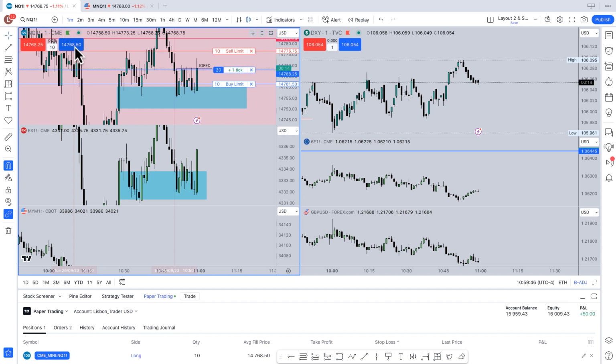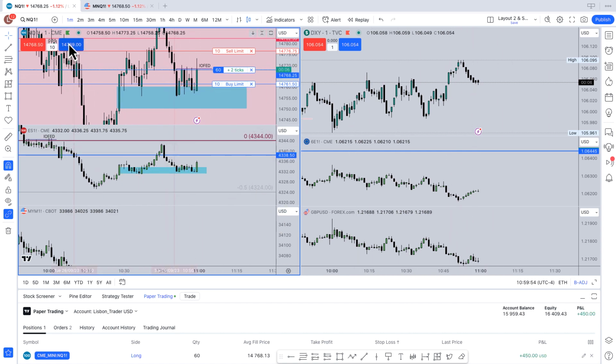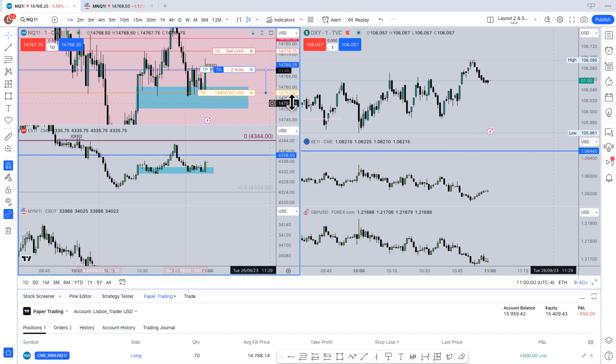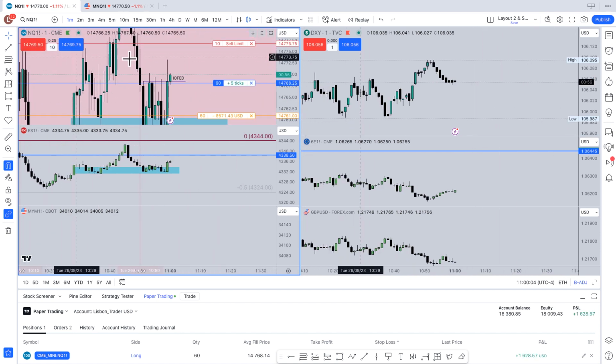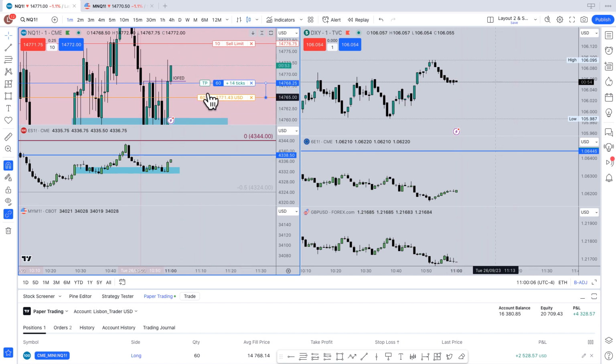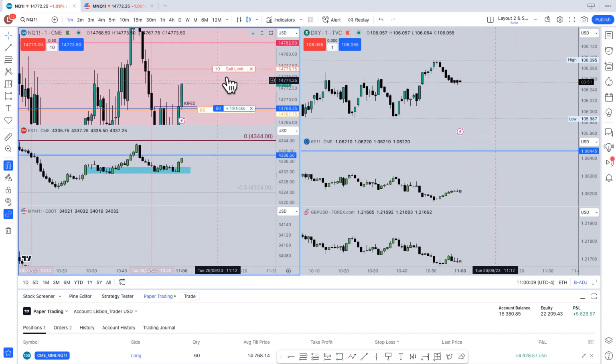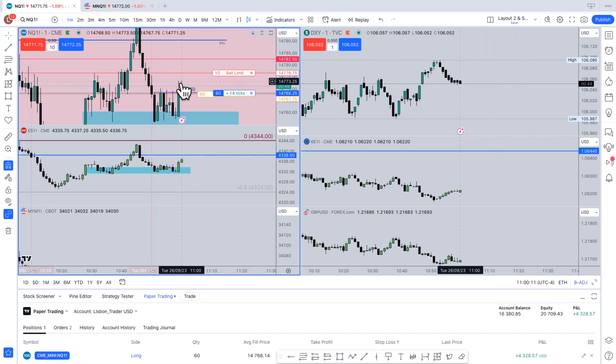And go to the upside. Yes, it's already skyrocketing. But NQ is being held. Now it's being released. Okay, so what do we have here?